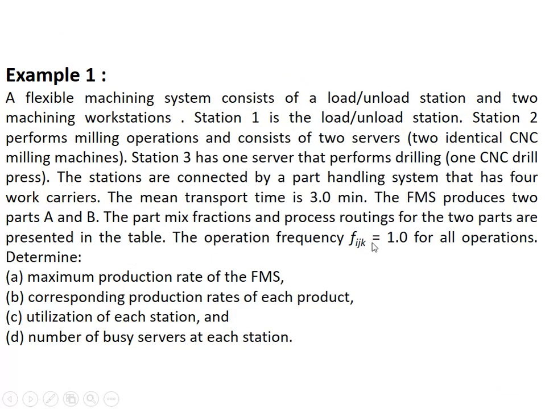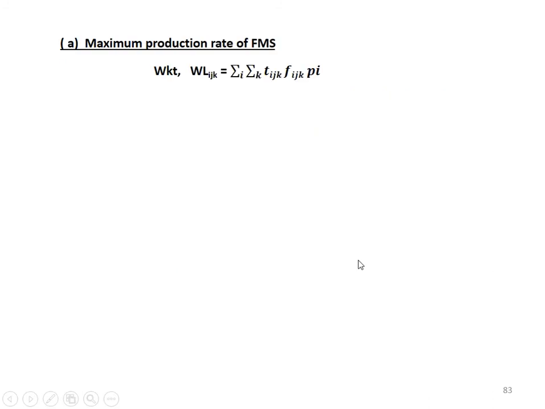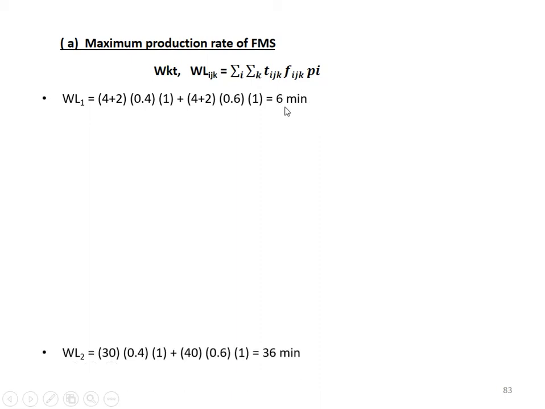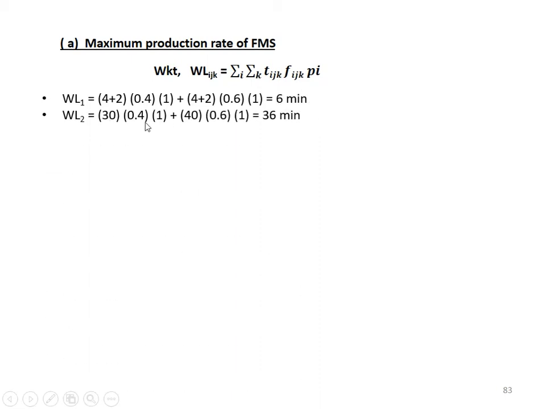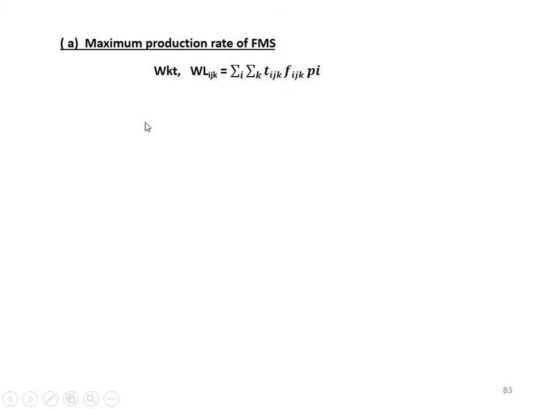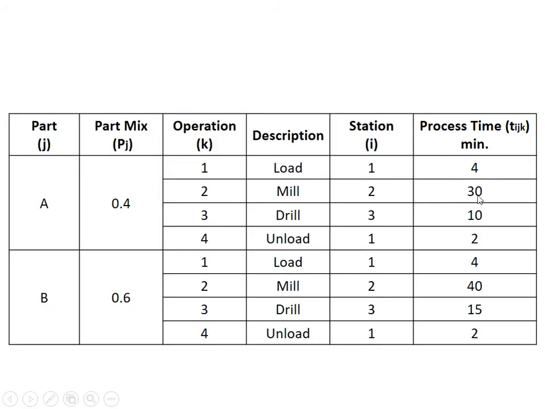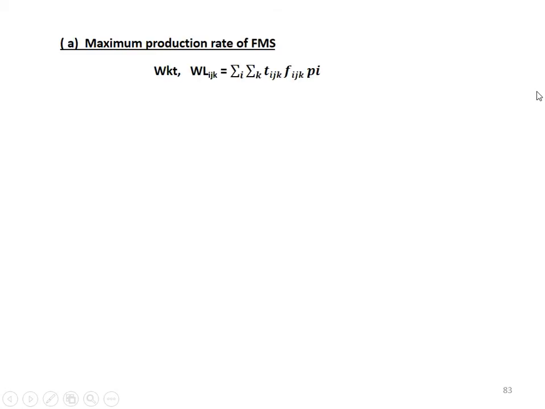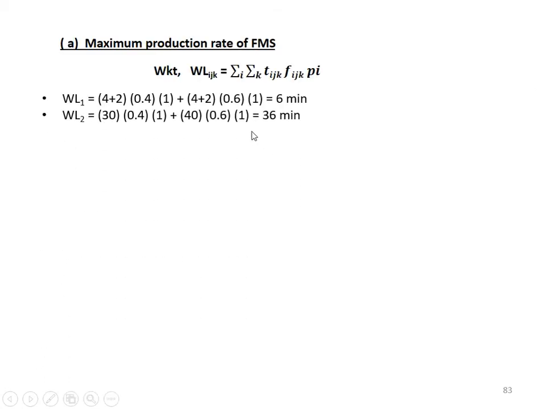In that way we are calculating the individual workload at each station. In this way we got 6 minutes and the other is 30. Let us cross check how we got 30, because 30 is the minimum process time and 0.4 is the PJ value, and Fijk we already know is 1. So using that for both we calculated this.